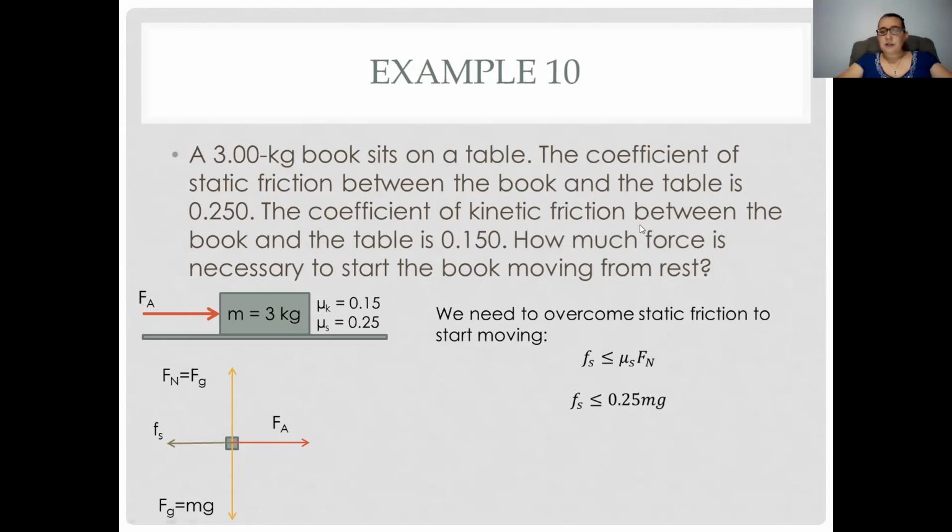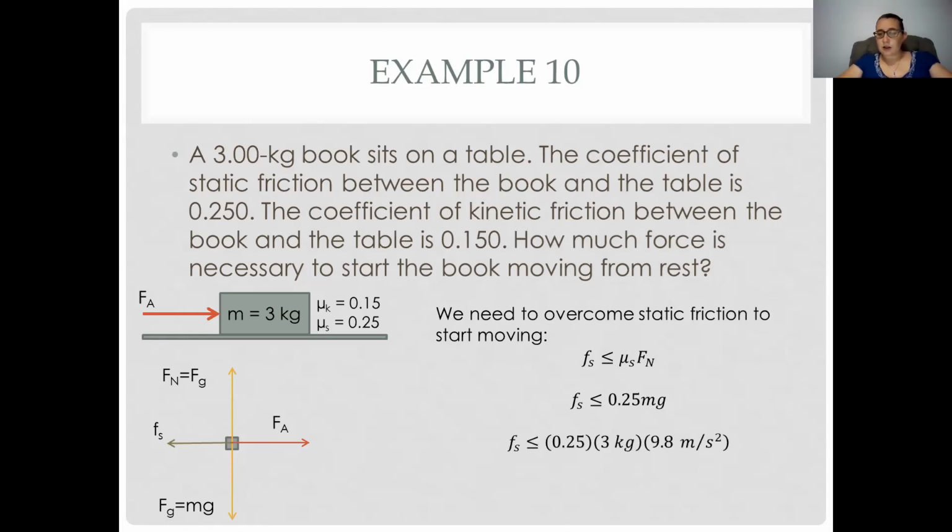So our coefficient of static friction here is 0.25. The normal force, since it's equal to the force of gravity here, those two forces are balanced, then we can just plug in m times g for our normal force as well as for gravity.